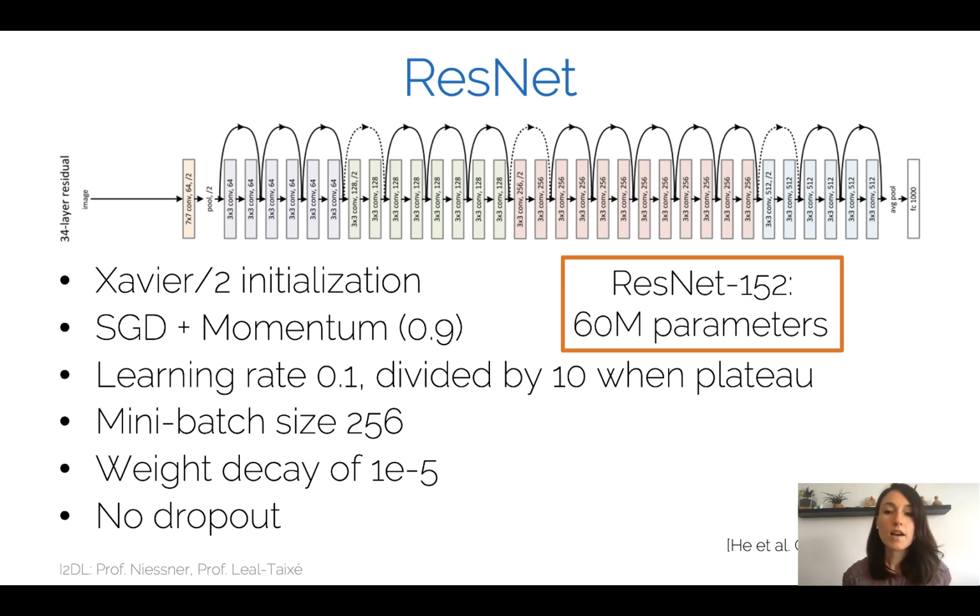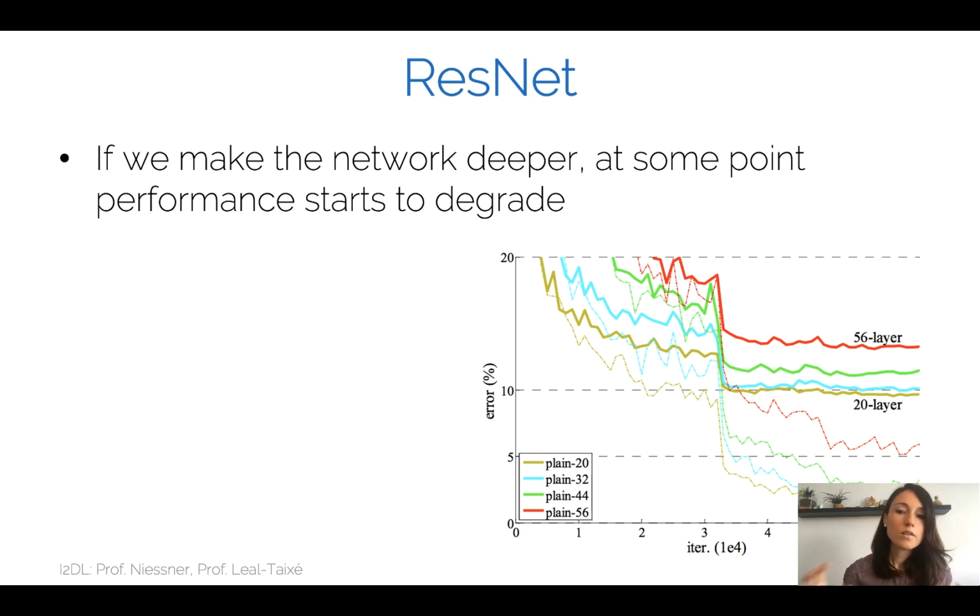In the case of ResNet 152, we went to 152 layers, so a really deep neural network, but we still keep the number of parameters fairly small because we have the same number of parameters as AlexNet had, which is 60 million parameters.